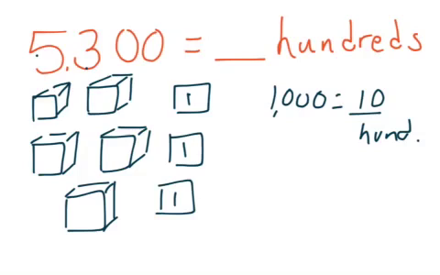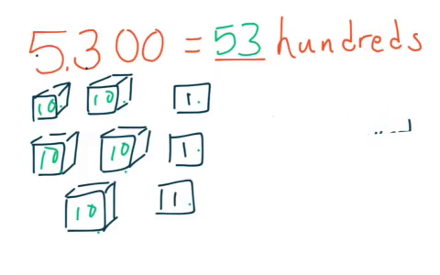So in order to go from hundreds to thousands, I'm multiplying times 10. So within each of these little cubes that we wrote, each of those cubes is worth 10 hundreds. So if we count by tens, we have 10, 20, 30, 40, 50, and then we have 51, 52, 53. 53 hundreds. Now we can also look at our number, and we can break it down.